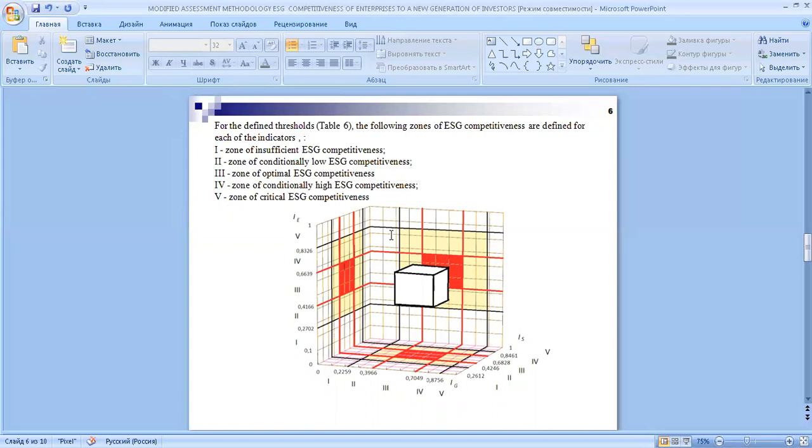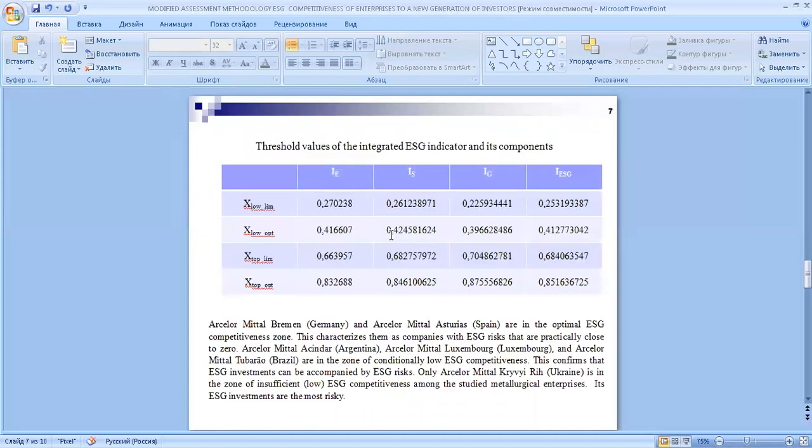On the slide number 7, you can see the threshold values of the integrated ESG indicator and its components. And from the results of the analysis, we can say that ArcelorMittal Bremen, Germany, and ArcelorMittal Asturias, Spain, are in the optimal ESG competitiveness zone.